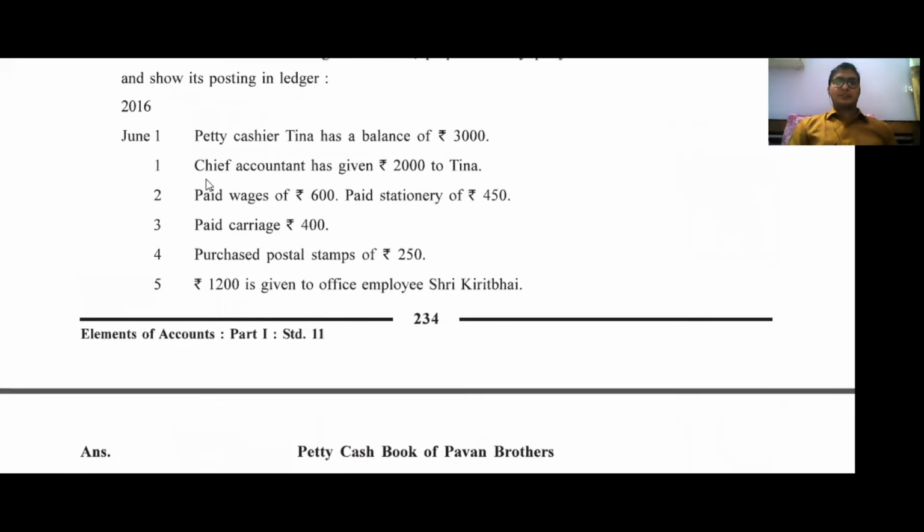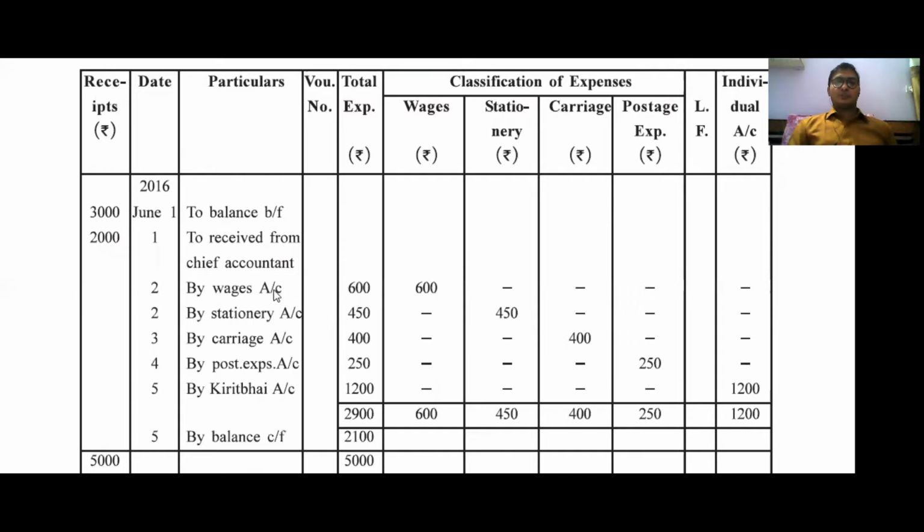Then paid wages 600, paid stationery 450. So in the wages column it is 600, in the wages column as well as the total expense column. Then stationery, 450 in the stationery column and 450 in the total expense column.